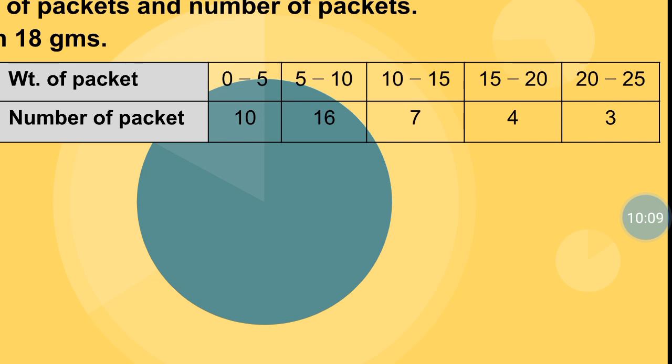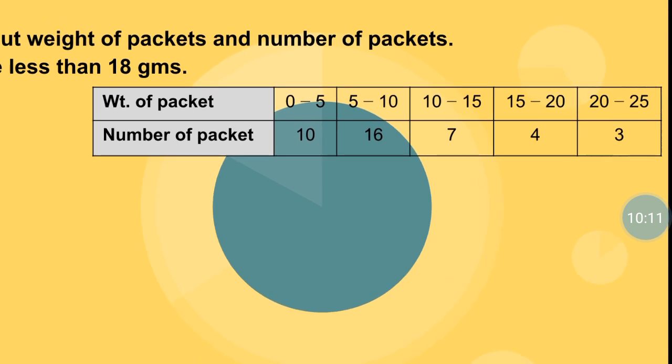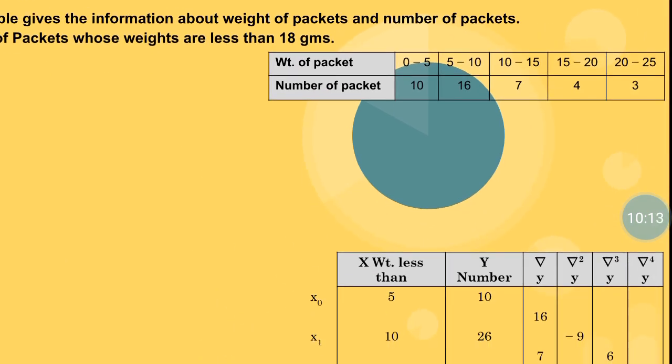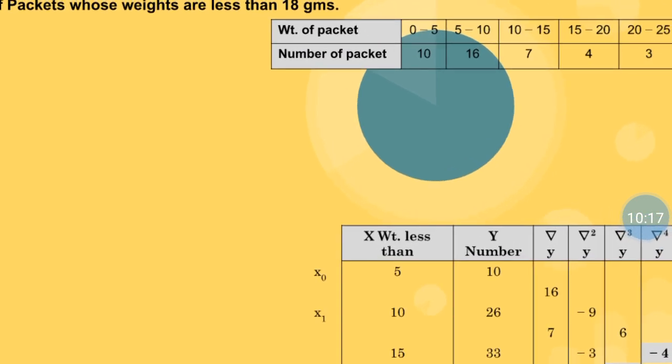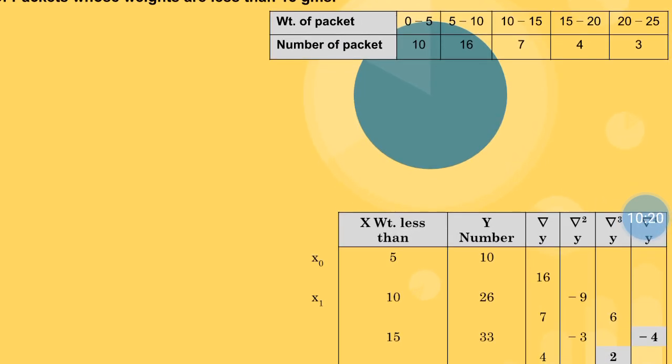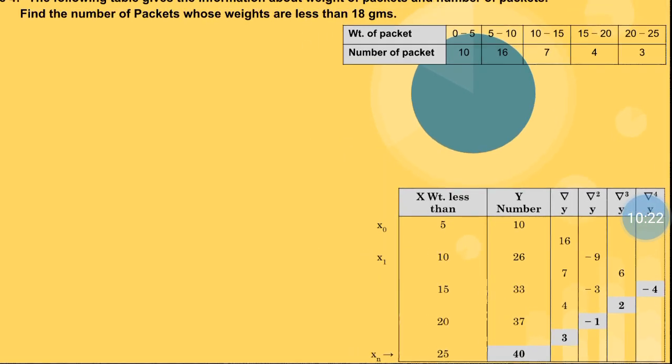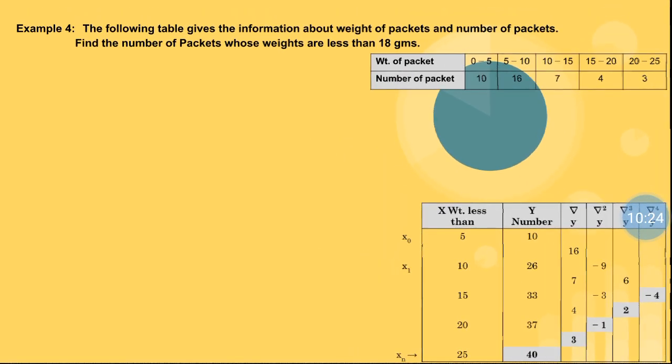Less than 15 will become 26 plus 7, which is 33. Then less than 20 will be 33 plus 4, which is 37, and less than 25 it is 37 plus 3, which is 40. So here we are forming a less than cumulative frequency table.